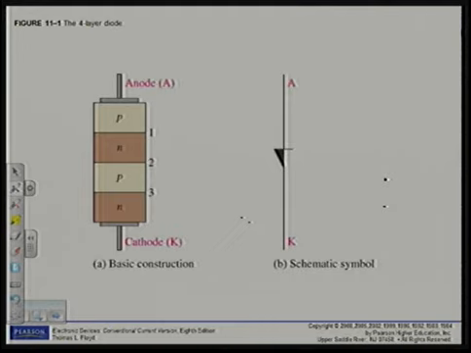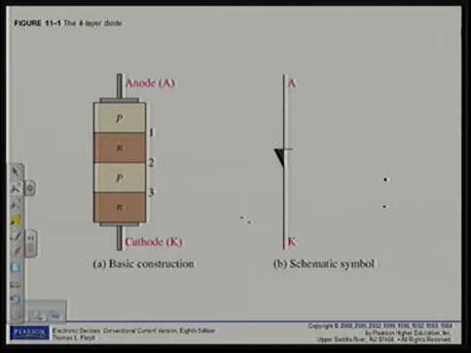Alright, the 4-layer diode is also known as the Shockley diode or the SUS. And if we look at figure 11.1, there's a picture of what the 4-layer diode looks like. And as mentioned, the 2 terminals are also called the anode and cathode, the same as we had with the diode that you've discussed in Electronics 1.